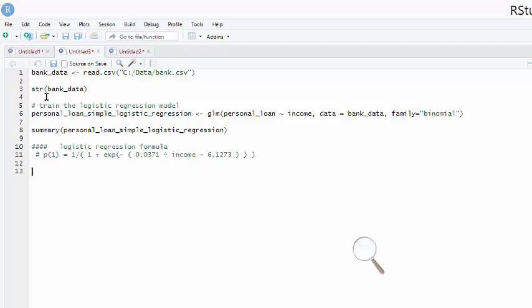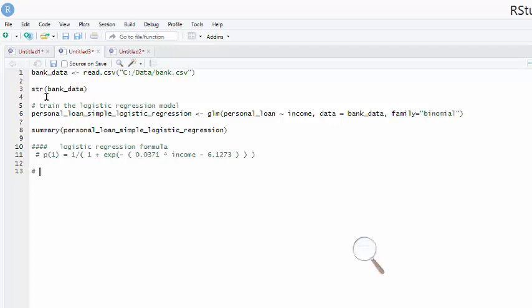Say, for example, there is a person with $60,000 income. Are they likely to get a loan from the bank when the bank proposes, or not? How do we know? Well, we use the formula. So let's go ahead and predict.